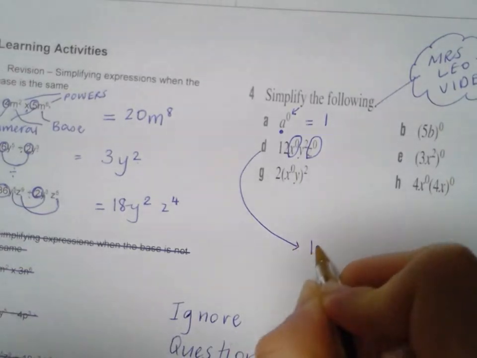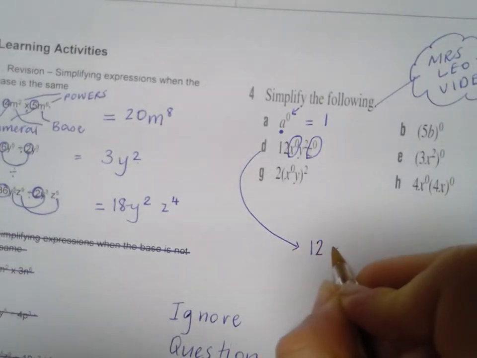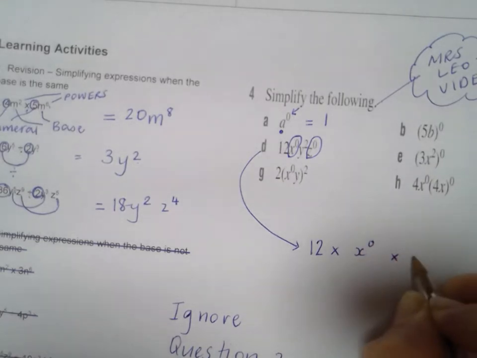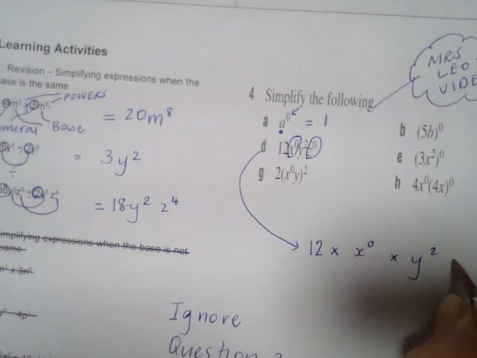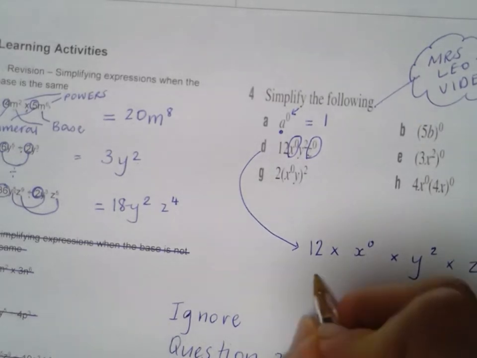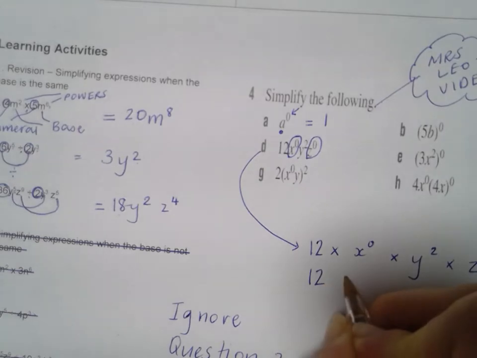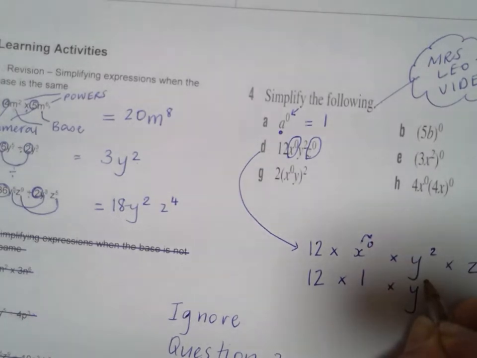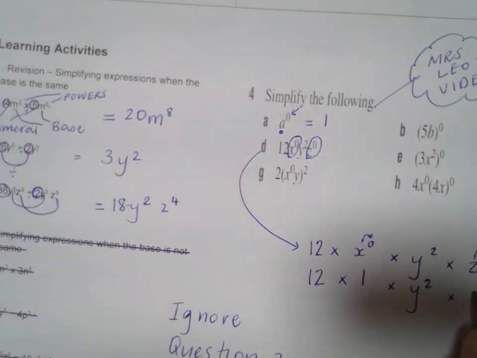So it's really saying 12 multiplied by x to the power of 0 multiplied by y squared multiplied by z to the power of 0. Okay, so if we say 12 multiplied by 1, anything to the power of 0 gives us 1, multiplied by y squared, multiplied by anything to the power of 0 gives us 1.